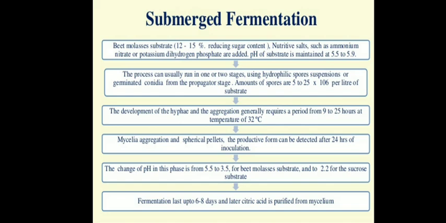This process continues up to 6 to 8 days. After 6 to 8 days, the pH of the medium decreases to 3.5 or 2.2. This pH change indicates the production of citric acid, and the citric acid produced in the medium is separated and purified. Now the purification of citric acid in the submerged fermentation technique is carried out using different methods that we will study in the next session.